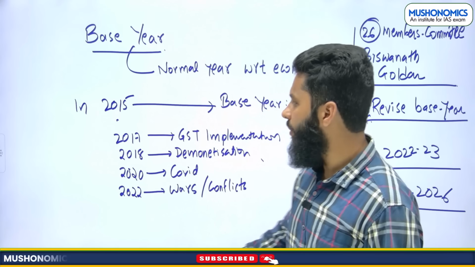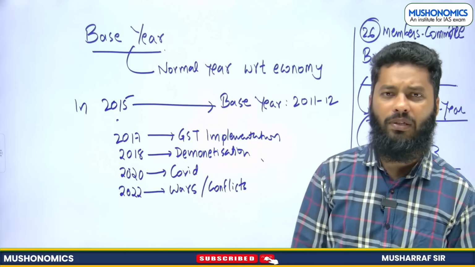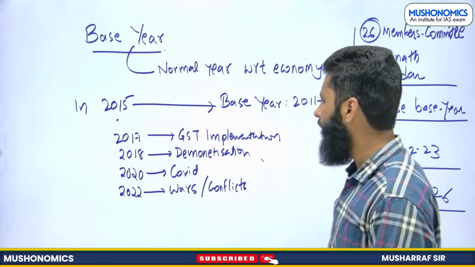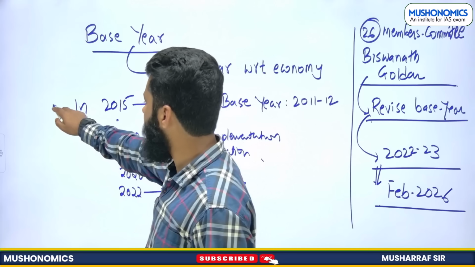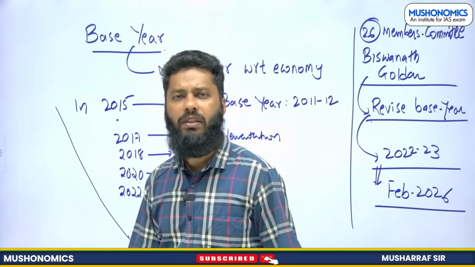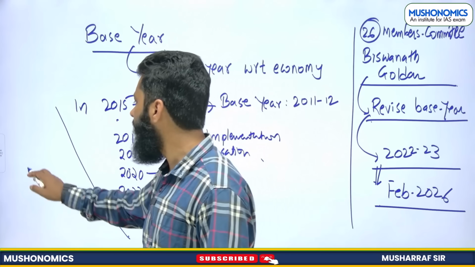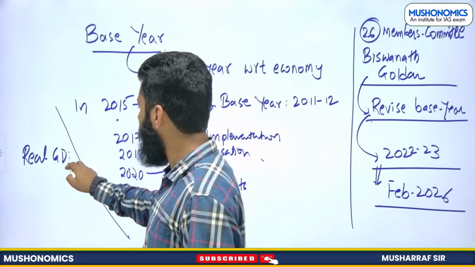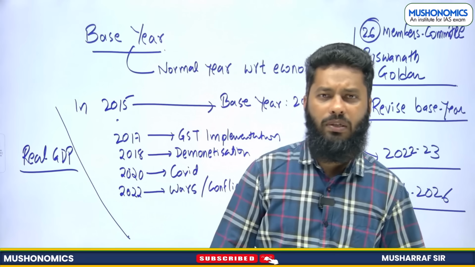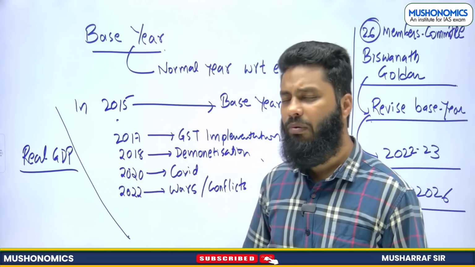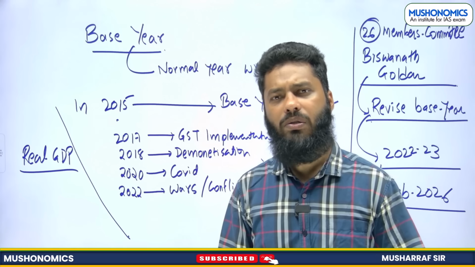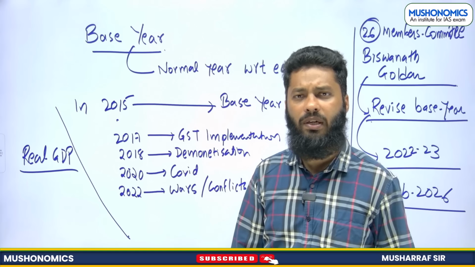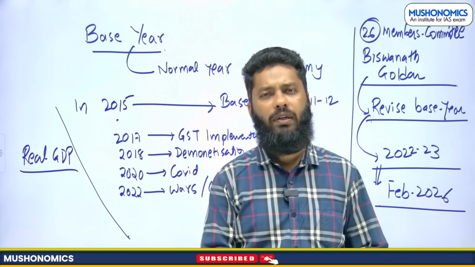So this is about the base year, and how the base year plays a very important role in the calculation of GDP, right? One more thing we need to understand here: the GDP data that we read in the newspaper, mostly we talk about real GDP. Nominal GDP is also sometimes mentioned in the newspapers, etc. But more focus is on real GDP, right?